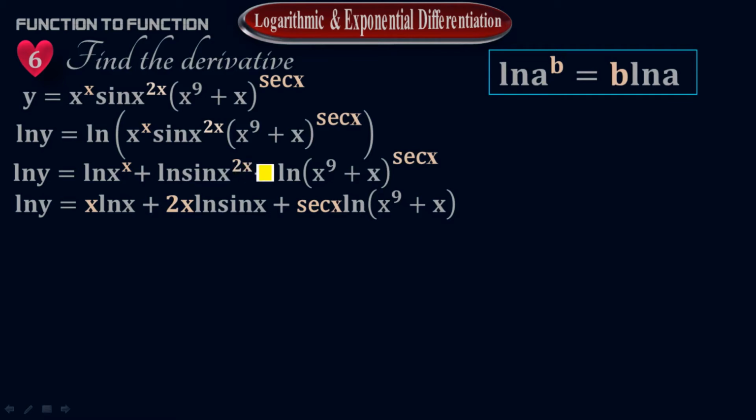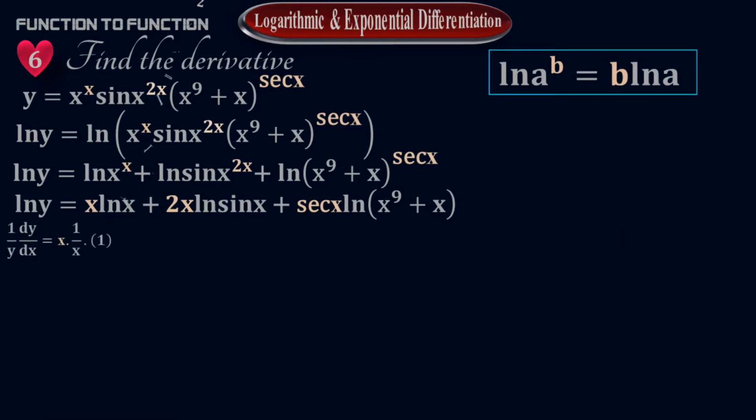So I'm going to put 2x in front of the natural log. It will be 2x times natural log of sin x. Similarly, for the third term, my b is sec x, and my a is x^9 + x. So bring this sec x in front of the natural log, which is sec x times natural log of (x^9 + x).